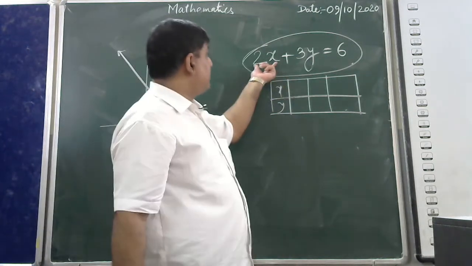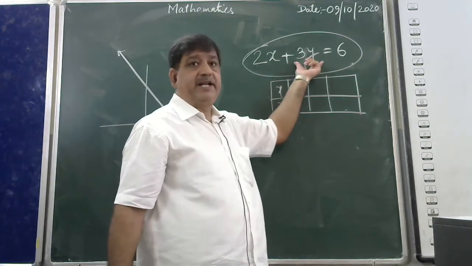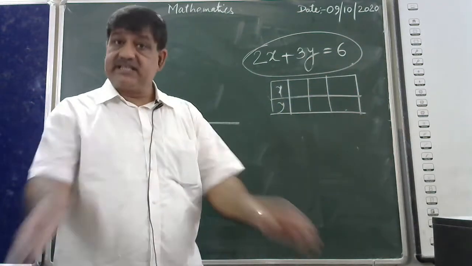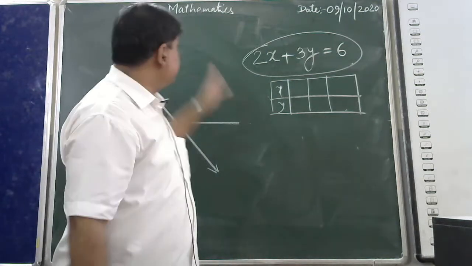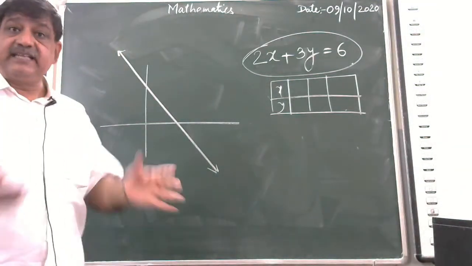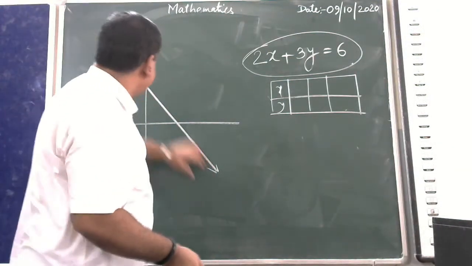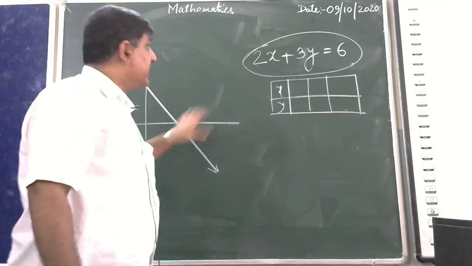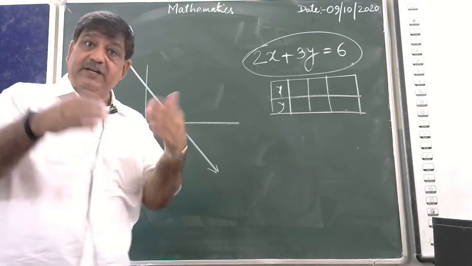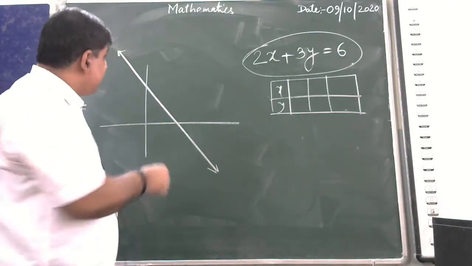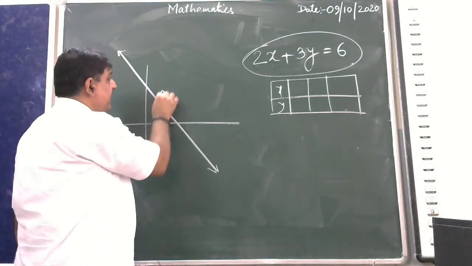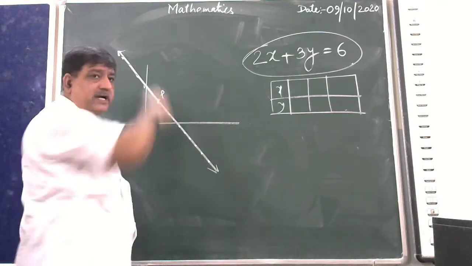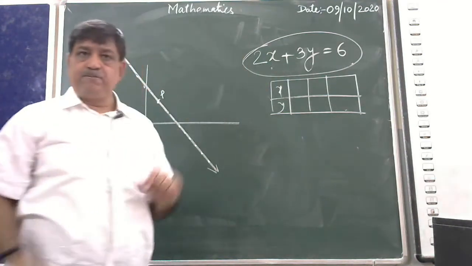If 2 times abscissa plus 3 times ordinate is equal to 6, and if a point moves under this restriction in this Cartesian space, then the path which is traced out by that moving point is this line. And you have drawn the graph of this line. So if this is the locus, this implies that there is a point P and it moves at several points on this locus under this restriction.